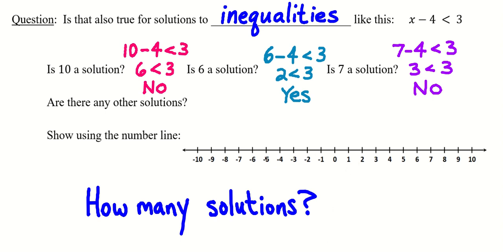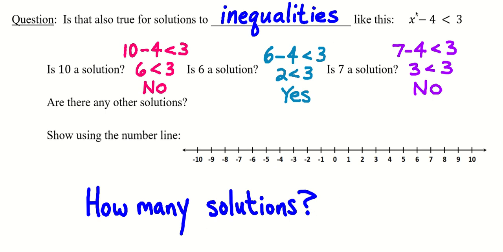But does that mean all real numbers are solutions, like literally any number? Well, no, because we just saw that 10 is not a solution, and 7's actually not a solution, right? But there's an infinite number.